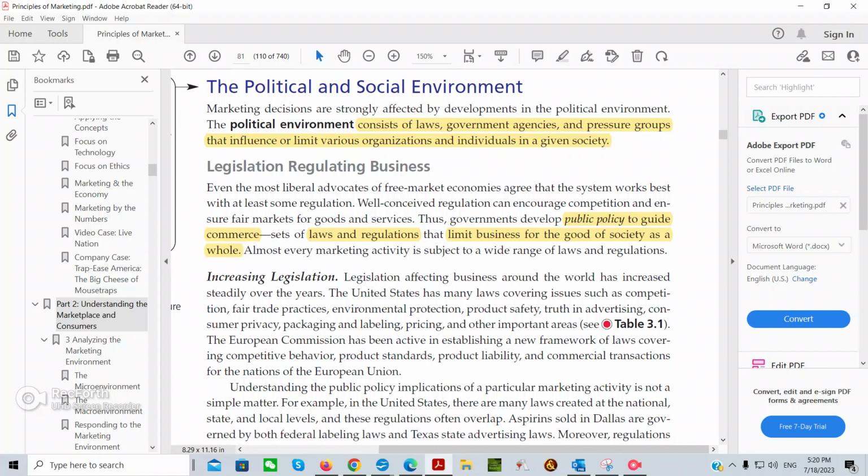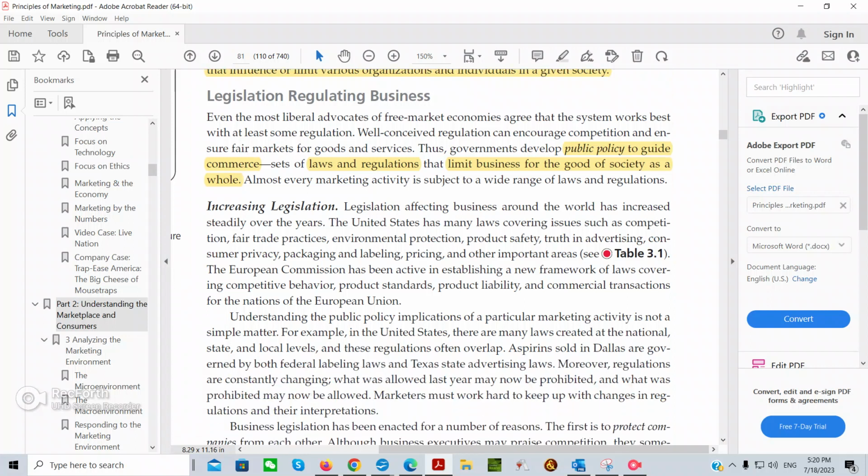Now remember that almost every marketing activity is subject to a wide range of laws and regulations. There's an old expression called false advertising. Yeah, that would be under regulation. Increasing legislation: legislation affecting business around the world has increased steadily over the years.